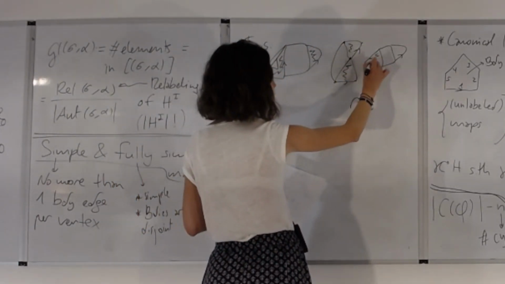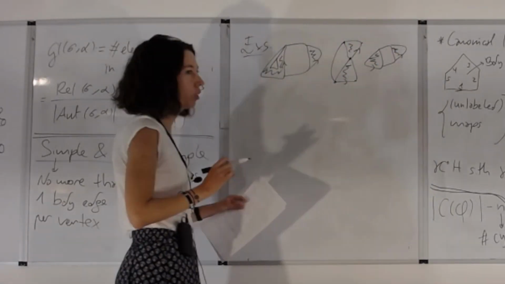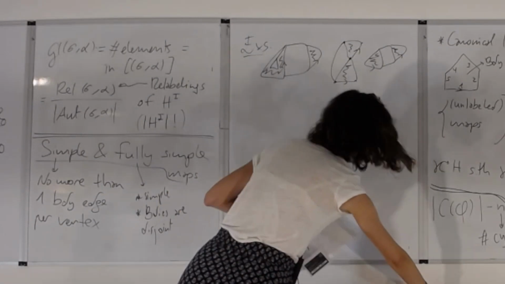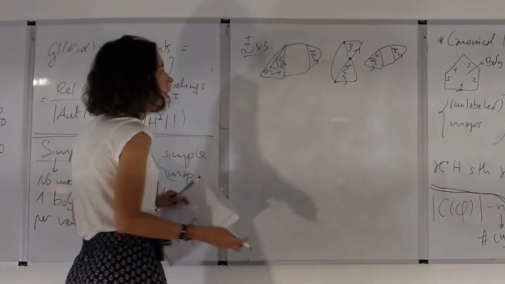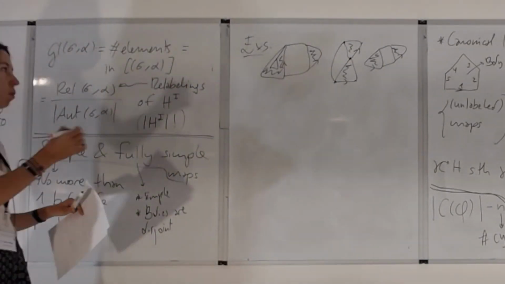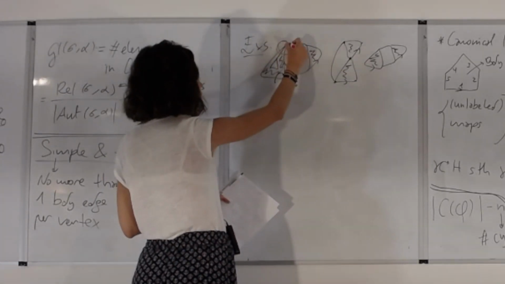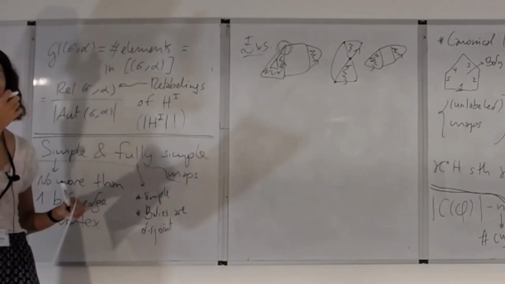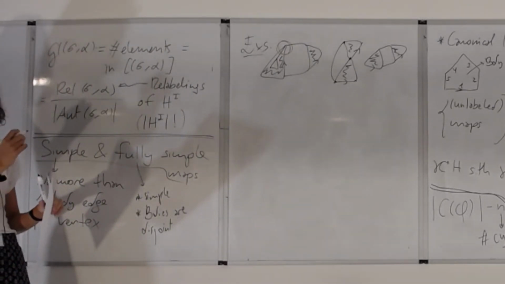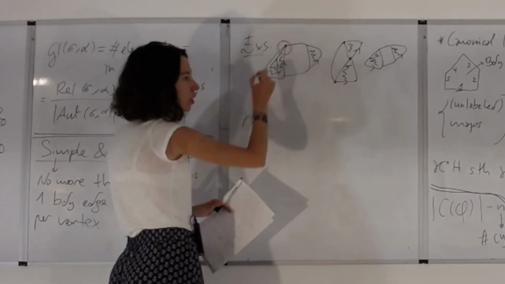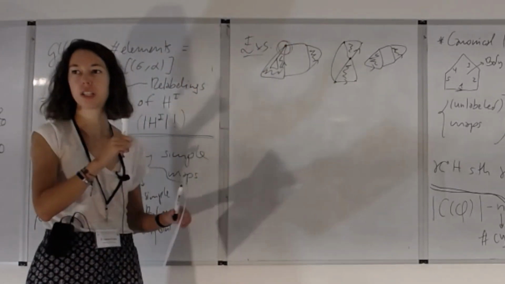And we want to see which ones are simple and which ones are fully simple. The first one here is not simple already, because in this vertex we have more than one half edge belonging to the boundary that enters the vertex. Actually, it's locally exactly the same picture that we were discussing with Marta there.